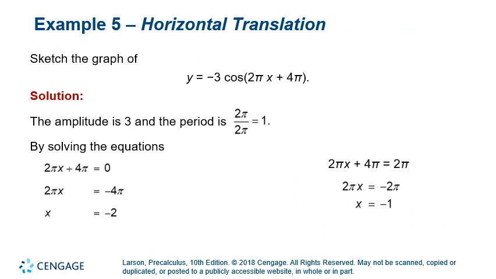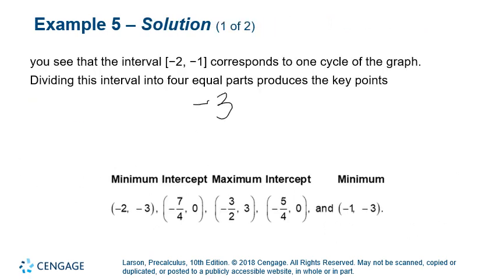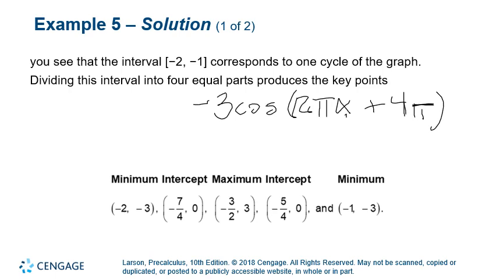So let's see, negative 3 cos of 2 pi x plus 4 pi. So if I put everywhere I see x, which is just here, a negative 2, I'll get negative 3 cosine of 2 pi times negative 2 plus 4 pi.